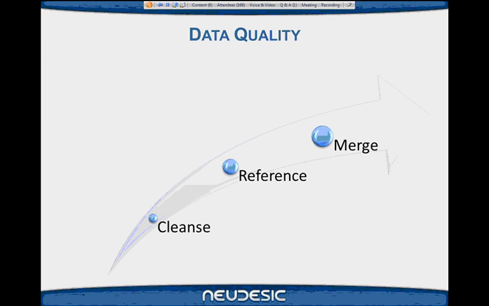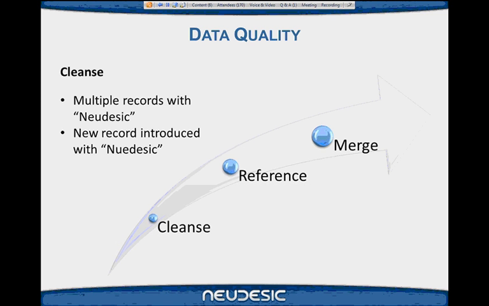So jumping into data quality itself, there's 3 major sections you're going to handle within data quality. One is cleansing the data. With cleansing the data, giving you an example of this, you'll actually have multiple records within your feeds coming through. Let's say you've got a bunch of them spelled Neudesic, Neudesic.